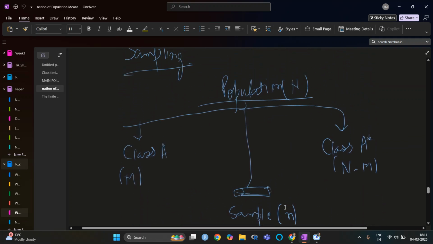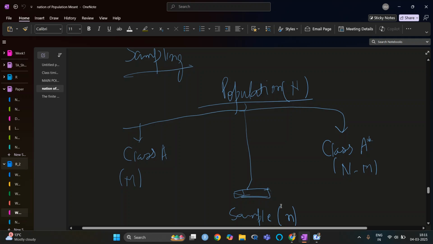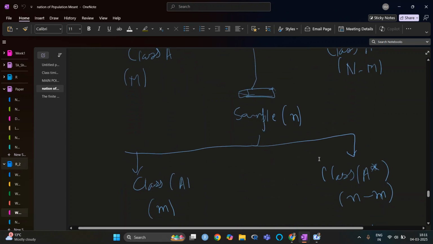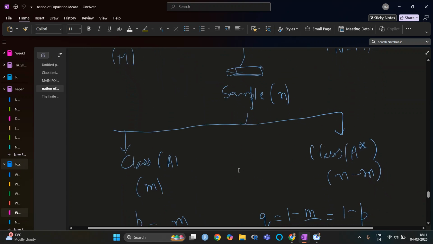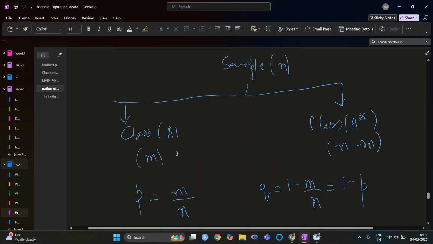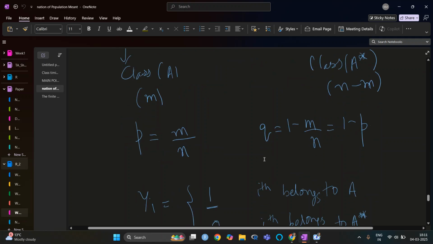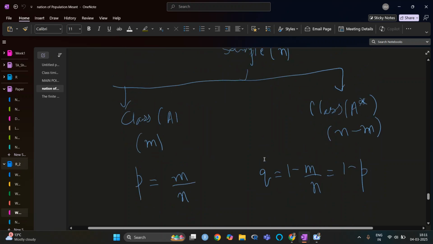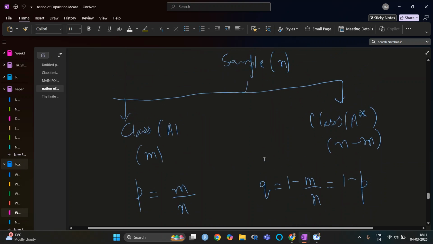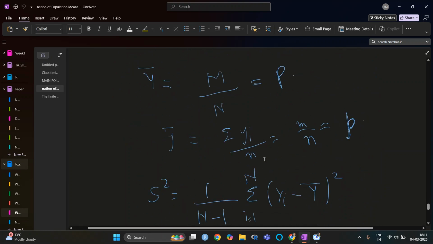Let's say in the real population there is 60% of A and 40% of A star. Right now we don't know, but we need to do the sampling so that it will be around similar, not so different, so that when we understand something from a sample, it will not give wrong conclusions.